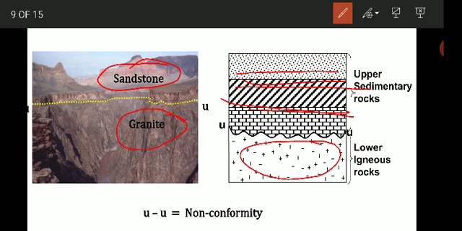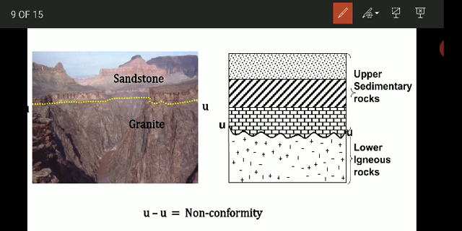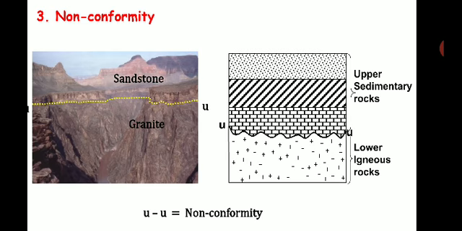Okay, so older igneous formations have been separated from the younger sedimentary formations along a rough surface. You can see here it is marked with the UU, that is the unconformity. So such a type of unconformity wherein the older rocks are plutonic igneous rocks, and the upper rocks are sedimentary or volcanic rocks, is called the non-conformity.